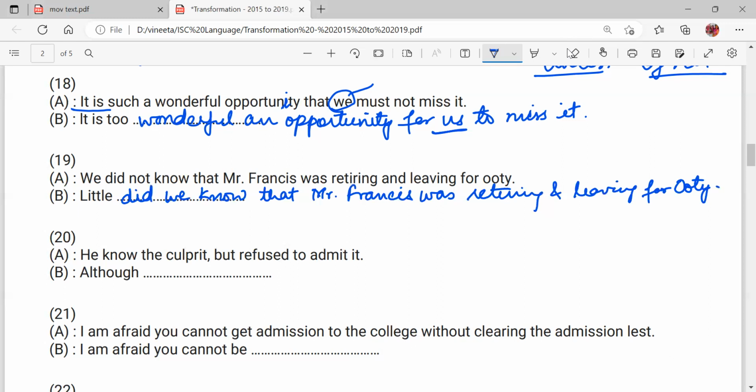Now, please understand the sentences which begin with little, neither, not only, no sooner, hardly, rarely. These are called negative sentences. Little did we know means we hardly knew, हमें पता ही नहीं था. It is a negative sentence. So in such sentences we always use the helping verb before the subject. Okay.